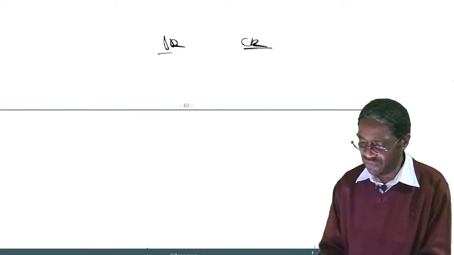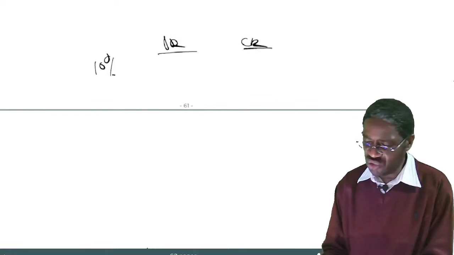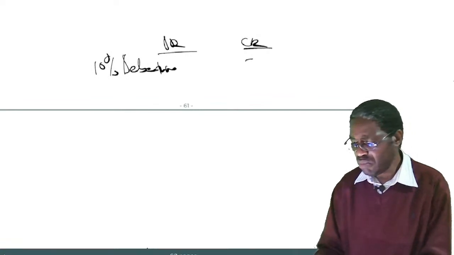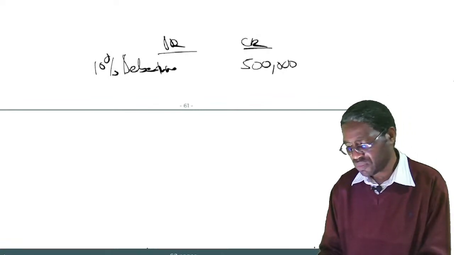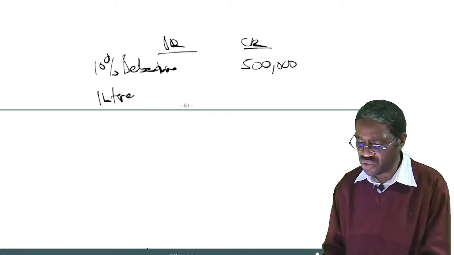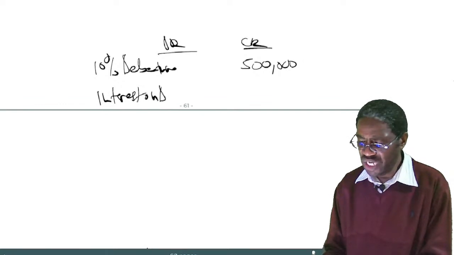I am assuming some figures. It gives you a 10% debenture, maybe 500,000. Within that trial balance, it gives you interest on debentures, 40,000.